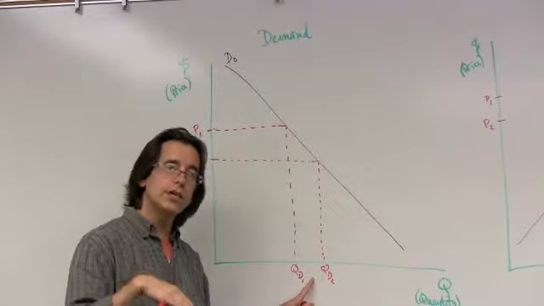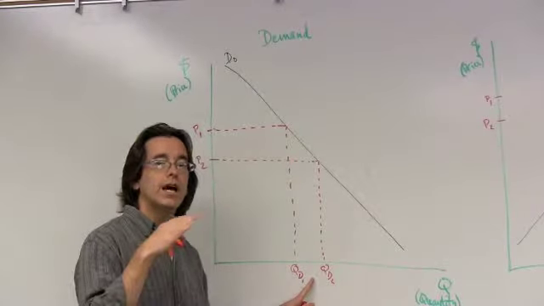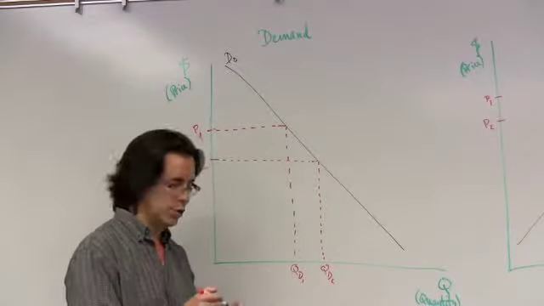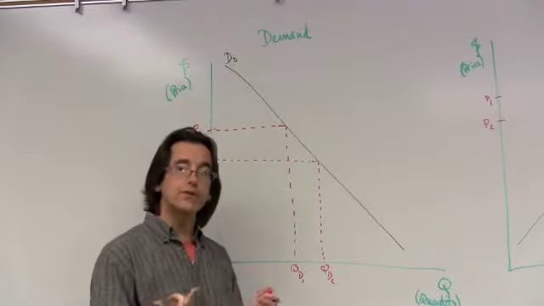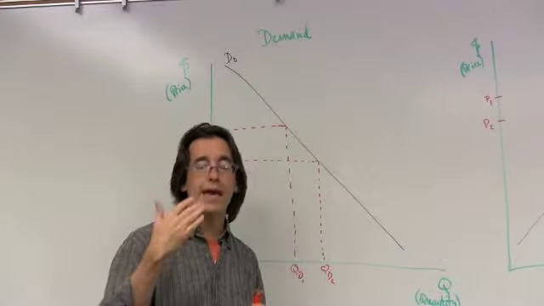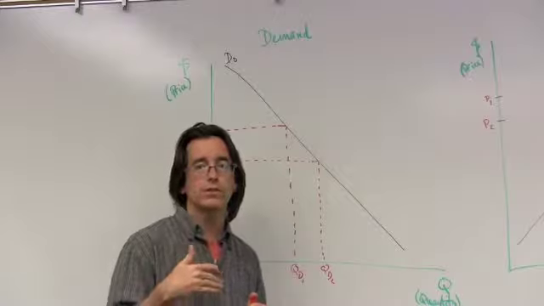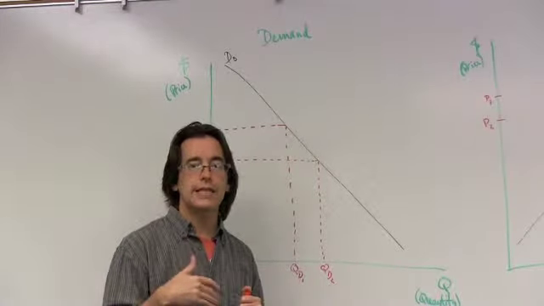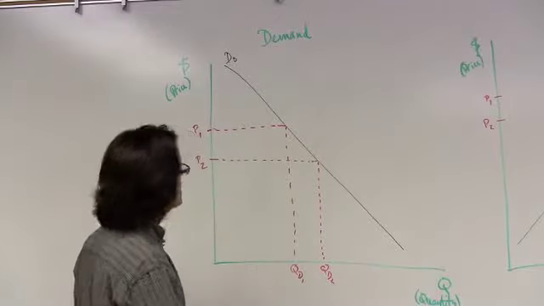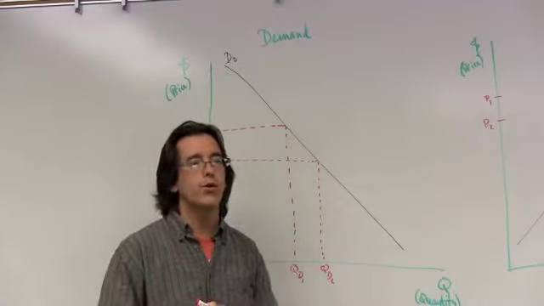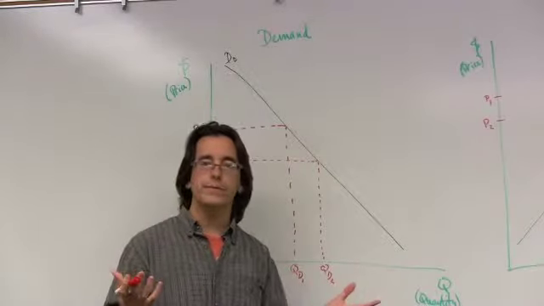So again, the only change that has happened is a change in the market price, no change in the underlying behaviors of consumers. So if there's been a change in the underlying behavior of the consumers, and that's what the list of demand shifters tells you, then what we have is a shift in the demand curve. So for instance, we look at this demand curve, we'll say it's the demand for broccoli.